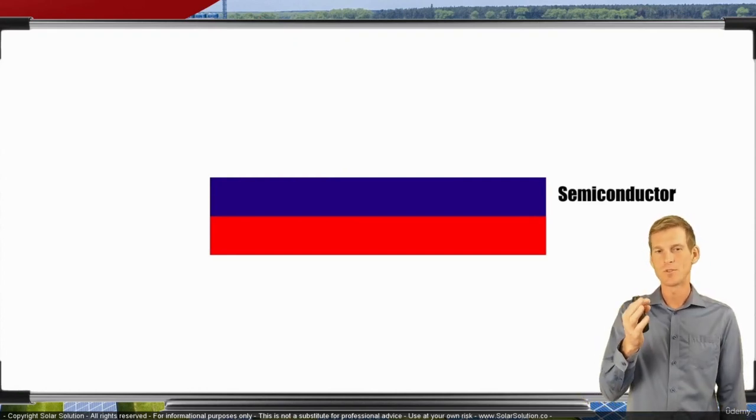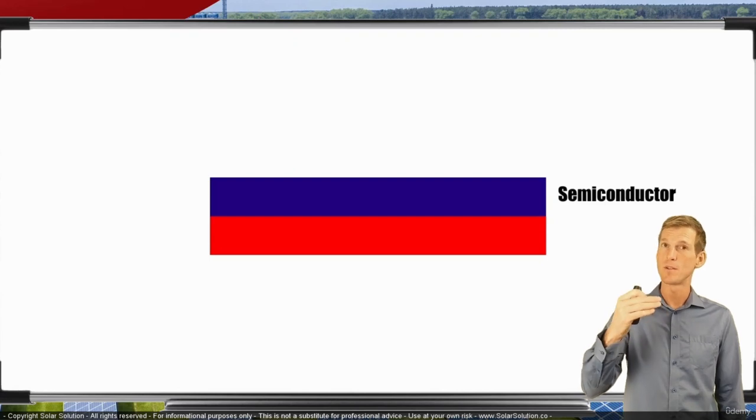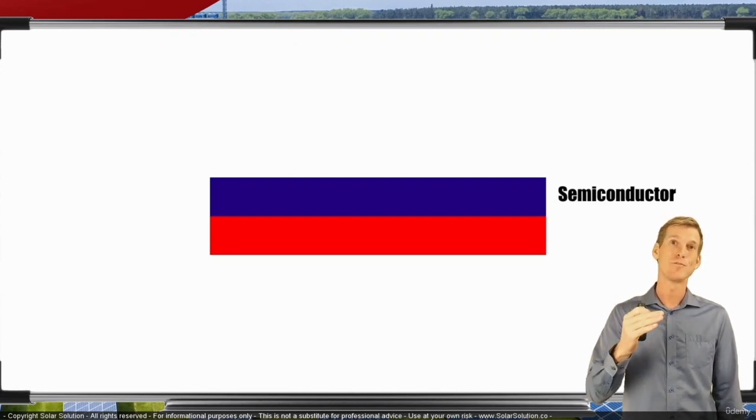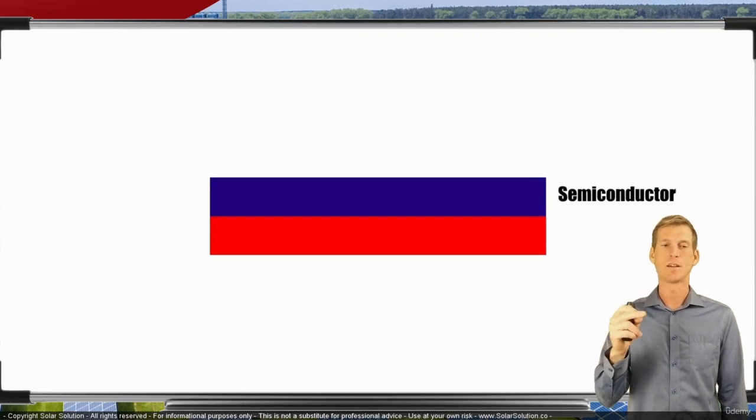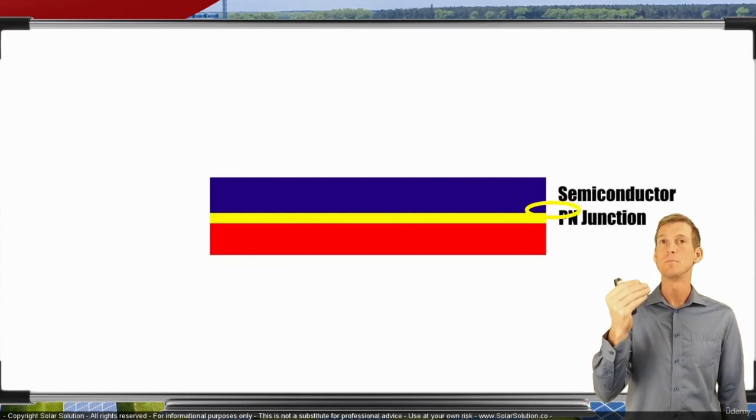Now the result of these chemical treatments, having a positive or P side and a negative or N side, is that between the positive and negative side in the semiconductor we're getting a very thin boundary layer, which we refer to as the p-n junction.